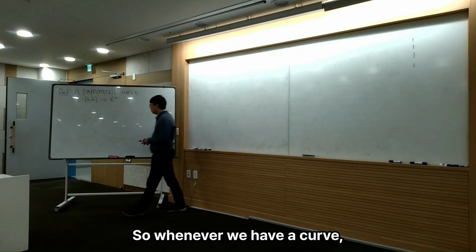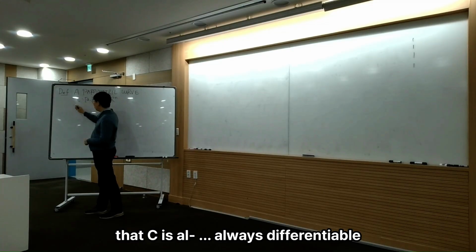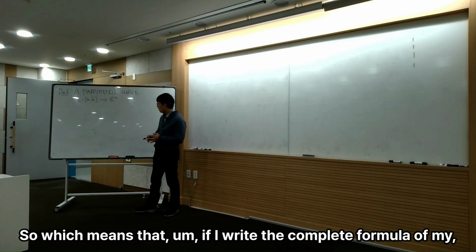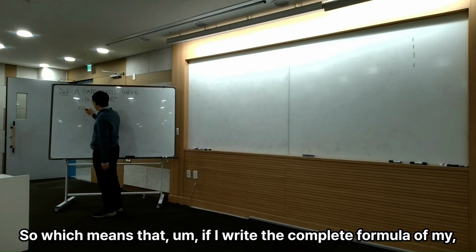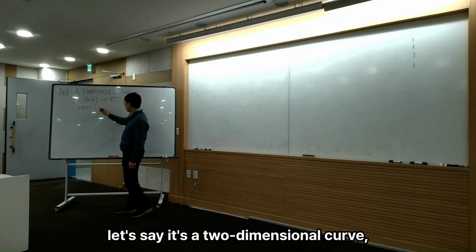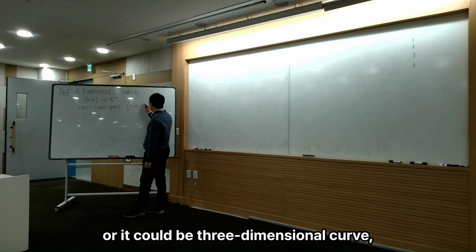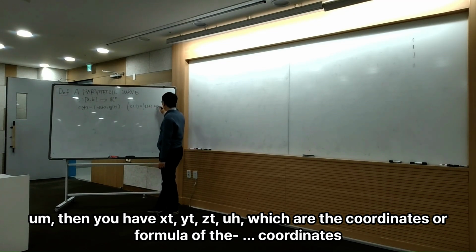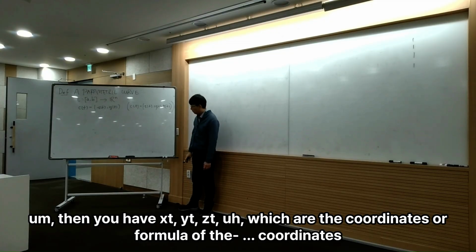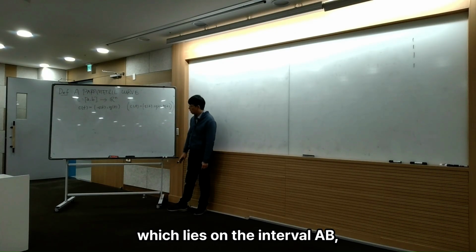Whenever we have a curve, we also impose the property that C is always differentiable, which means that if I write the complete formula of my coordinates in Rn, let's say it's a two-dimensional curve, then it's x(t), y(t), or it could be a three-dimensional curve, and you have x(t), y(t), z(t), which are the formula of the coordinates in terms of the parameter t, which lies on the interval [a,b].